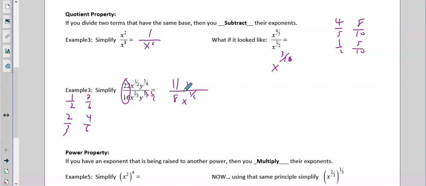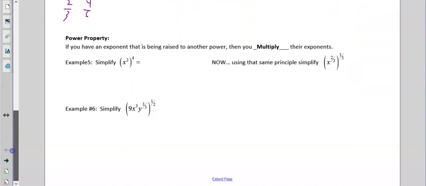On the top, 5 minus 2 is 3, which is 3/6. All right. Technically, I'd want to reduce that to 1/2. So 11y to the 1/2 over 8x to the 1/6. And if you wanted to, if you were doing this on your paper, you could just erase that and change it to 1/2. It's up to you. Whatever's easier. If you like to show your work, leave it that way.